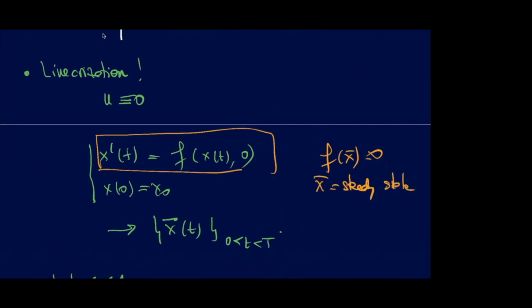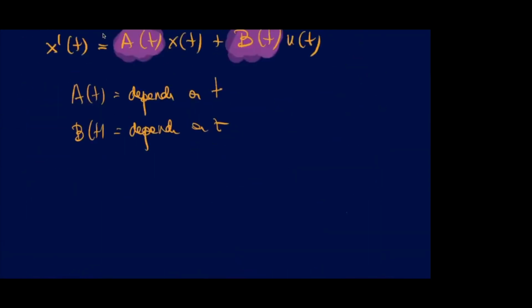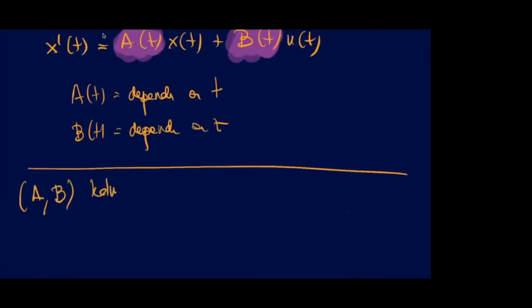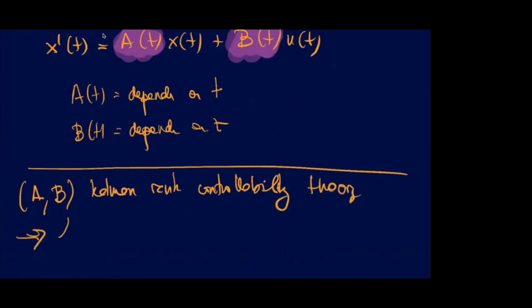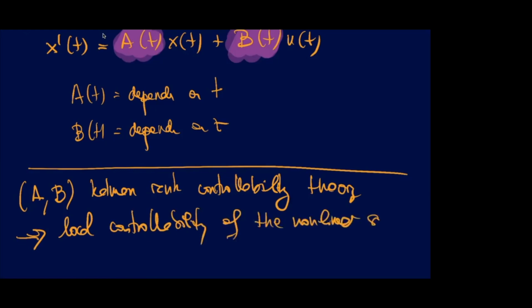So you see first that the classical A-B Kalman rank controllability theory suffices to get local controllability of the nonlinear system around a steady state. Okay, so this is the first remark.